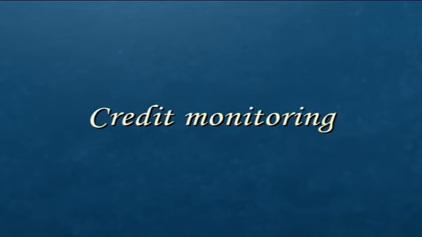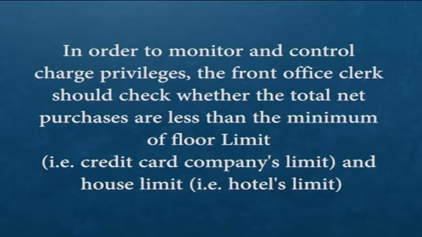Credit monitoring. In order to monitor and control charge privileges, the front office clerk should check whether the total net purchases are less than the minimum of the floor limit, that is the credit card company's limit, and the house limit, that is the hotel's limit.